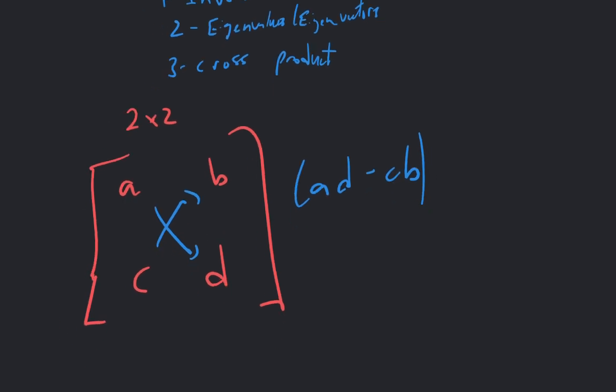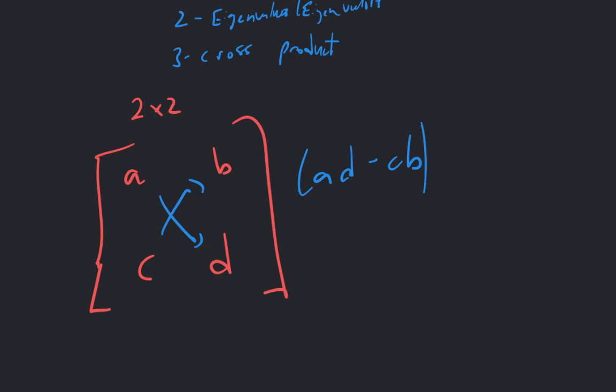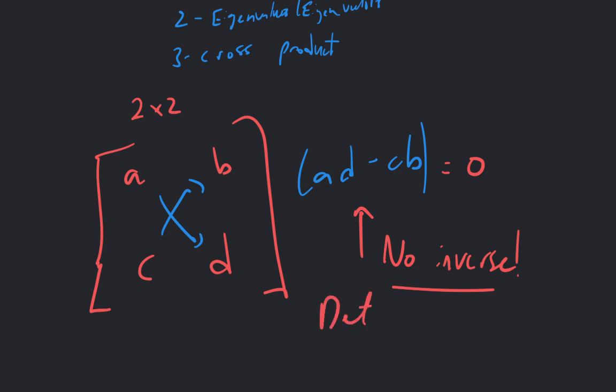Crisscross applesauce. If this value is equal to 0, then there is no inverse to the matrix. So the determinant has to be non-zero in order for there to be an inverse matrix.